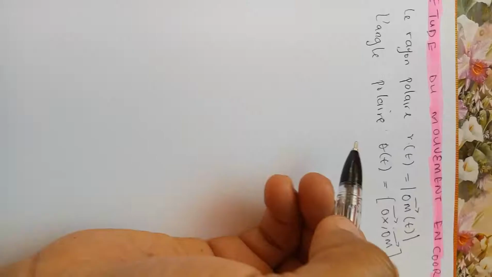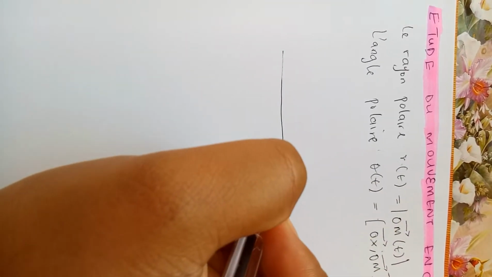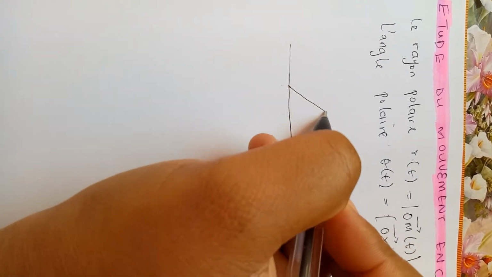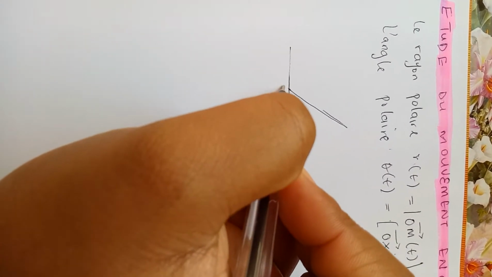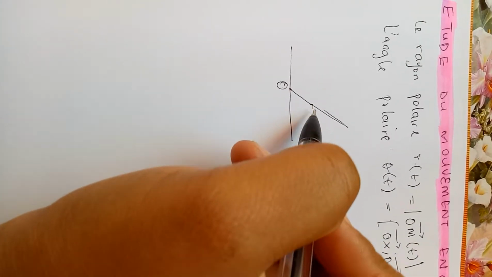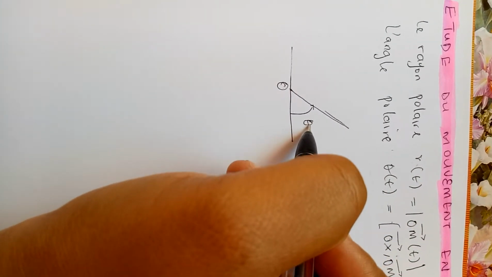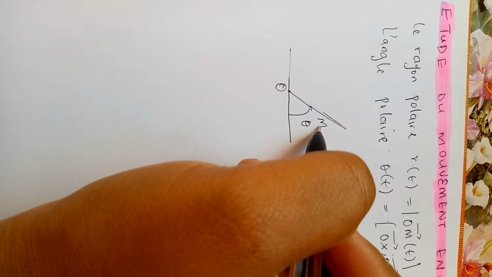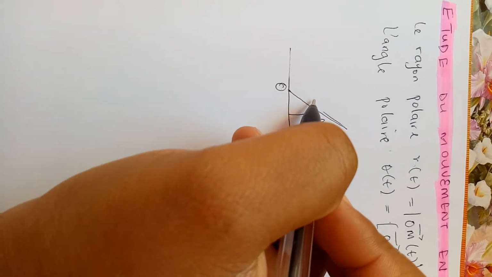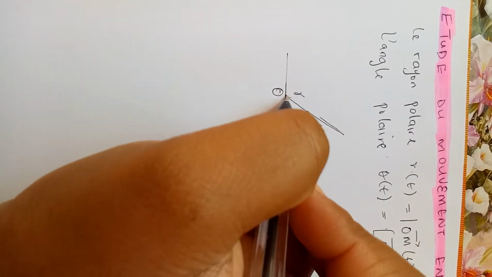And what do I mean by this definition? Let's say I have, this is not to scale, theta, I have M, I have r.